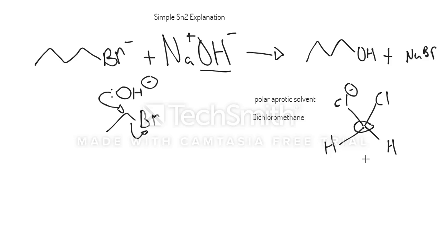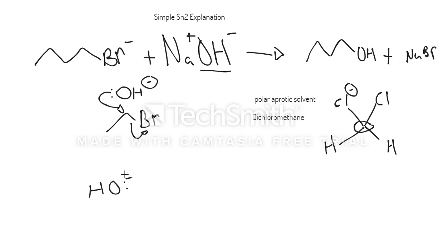I'll go further to discuss the difference between polar aprotic solvents and other forms of solvents in other videos, but let me go ahead and show you the mechanism, a deeper understanding than just the simple backside attack shown here. So if we're to look at an Sn2 reaction, we should know that the Sn2 always performs what is called a backside attack.